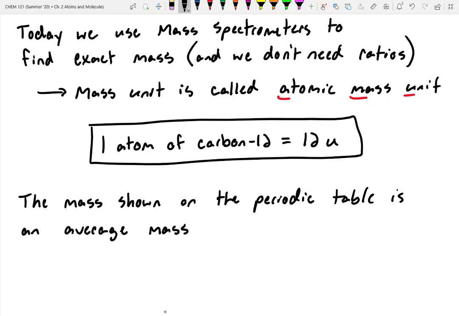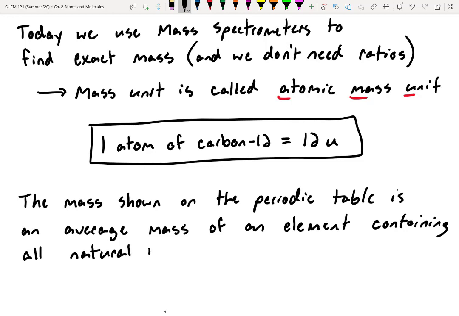It's an average mass of an element containing all natural isotopes. This value is called the atomic weight.